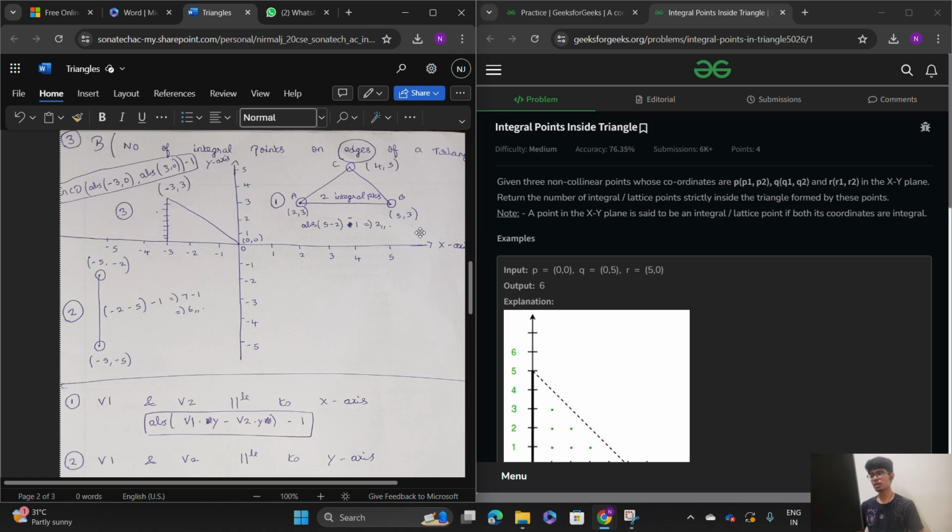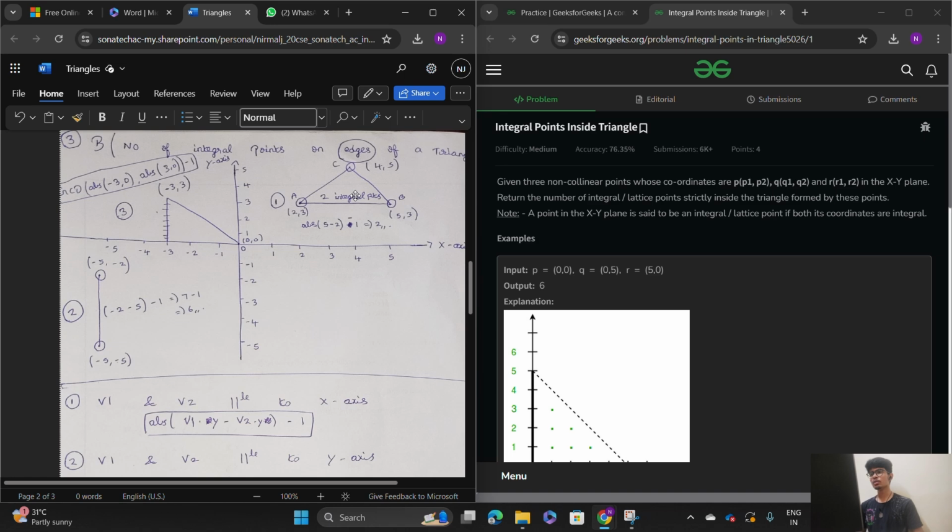So first of all, only consider this first part. You can see my cursor. Only focus on this part. Now you have formed a triangle by using three coordinates A, B, and C. After forming the triangle by these three coordinates, you need to find out the boundary line. Just like that, calculating the integral part is not enough.